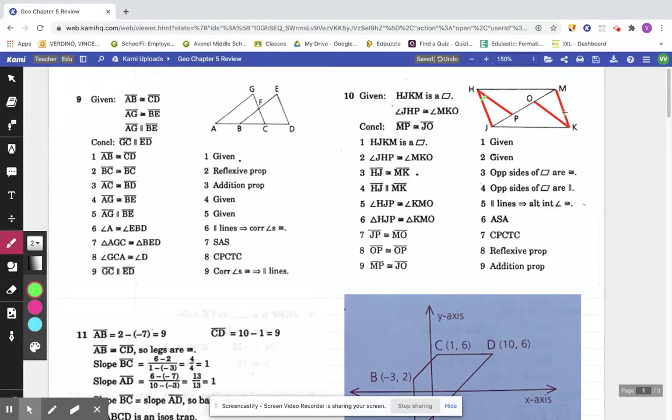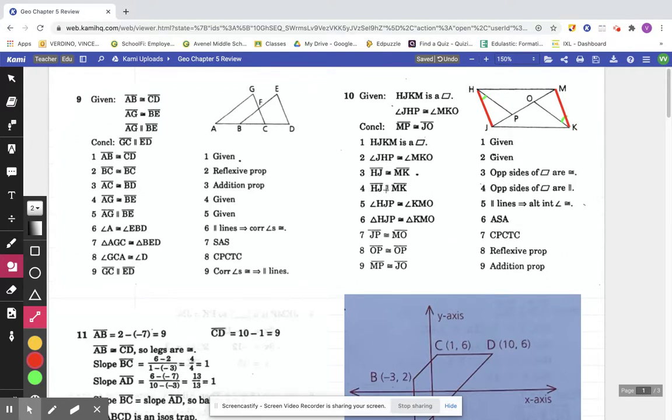Actually, let me get rid of the lines. There we go. Because that's also given. All right, so if we know this is a parallelogram and we know that these two angles are congruent, that's based on the given information, we can now say that HJ is congruent to MK based on the opposite sides of parallelograms are congruent.